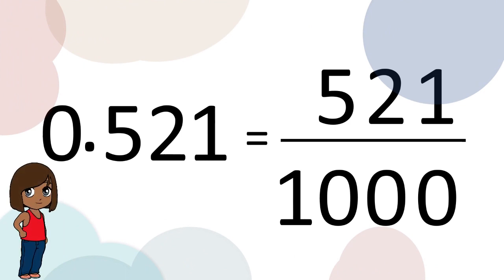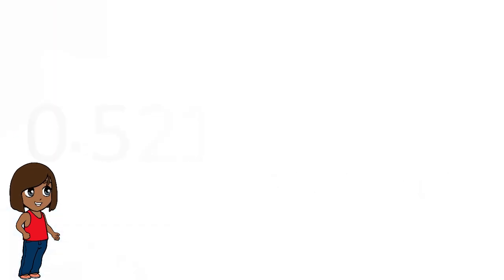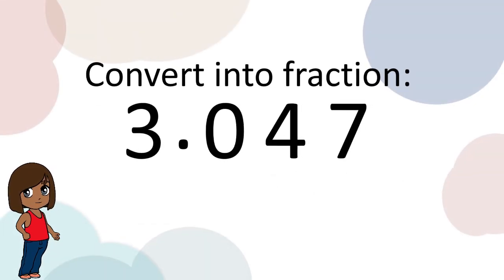You now know everything there is to know to convert decimals to fraction. Let's take another example. What happens when you have a non-zero number before the decimal? Rules remain the same. Can you convert 3.047 into a fraction?